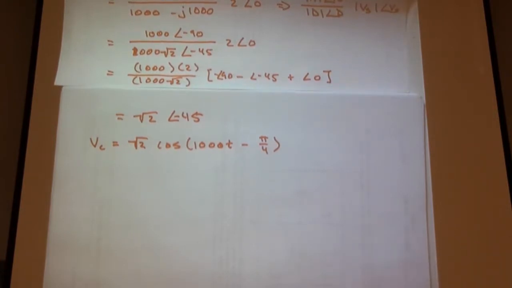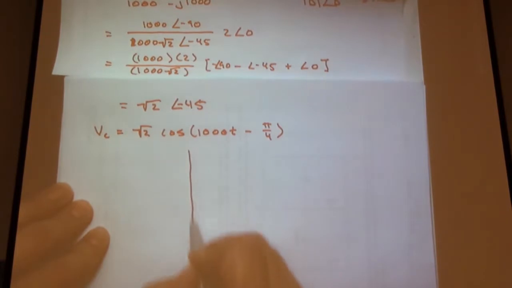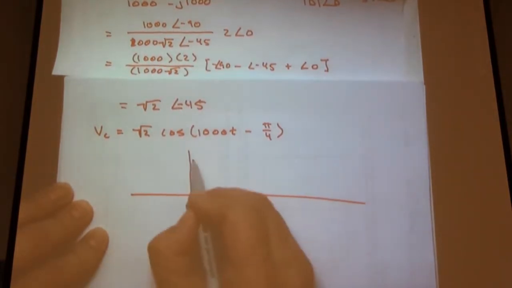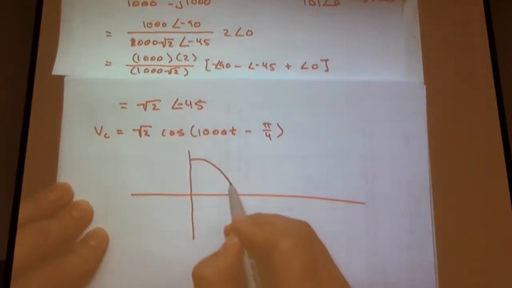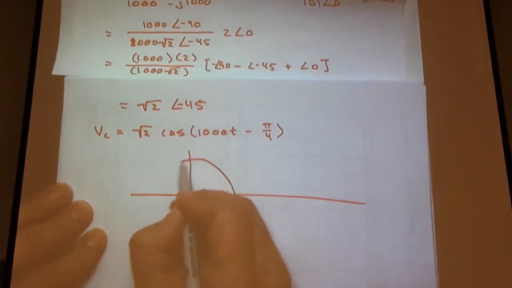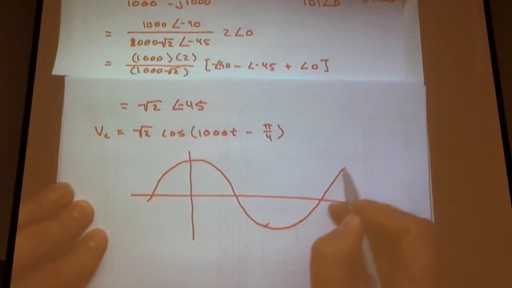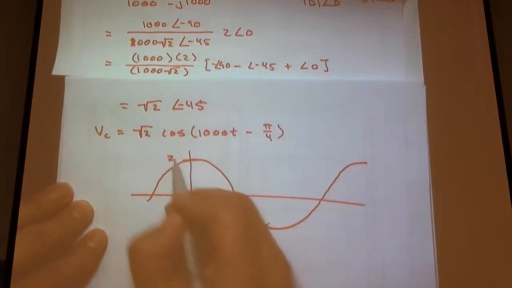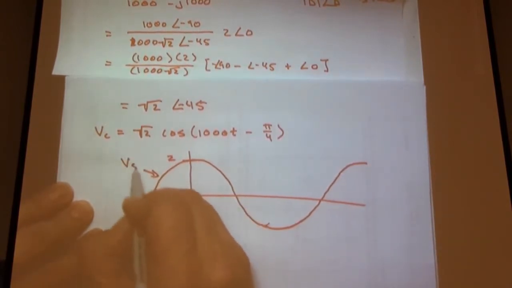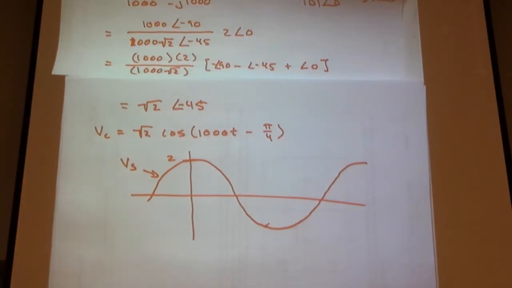And what does that mean for us? Well, like we saw yesterday, if we draw our source, and again it is AC steady state, there's our source. So there's V source, 2 cosine 1,000t.